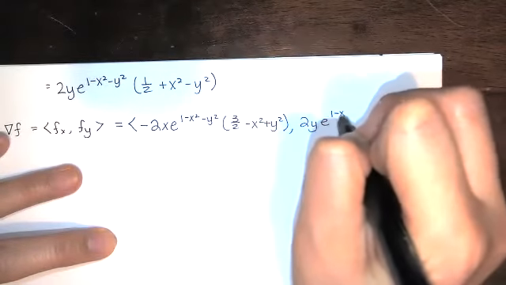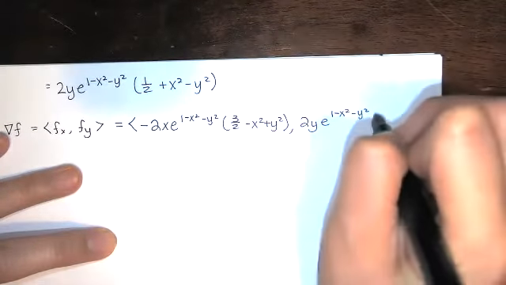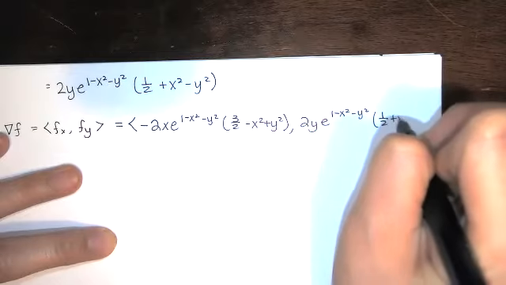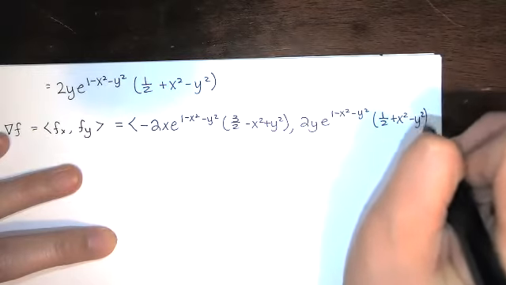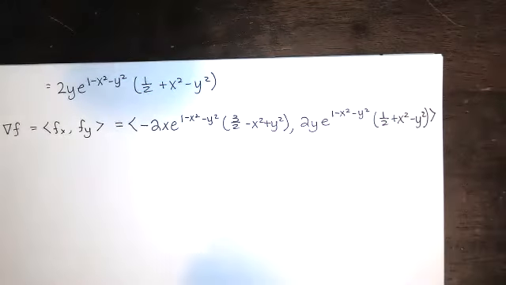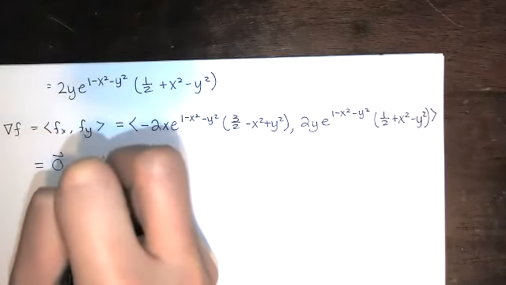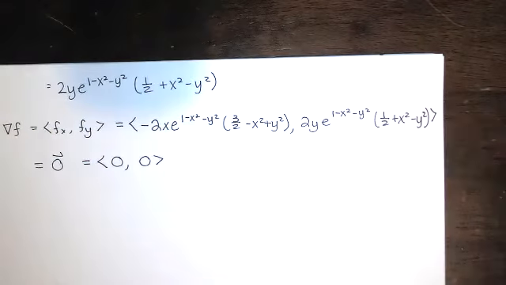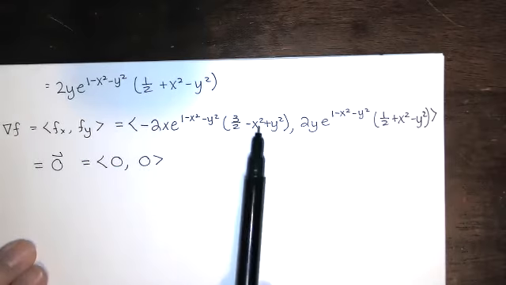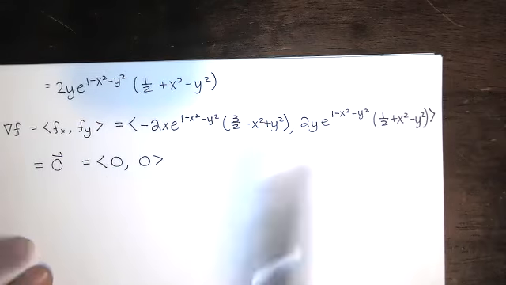Now this looks really bad, but it's actually not too bad at all. Once we remember a property from algebra, it's going to be pretty simple. So that's equal to the 0 vector, which is just the vector with components 0 and 0 if we're in 2D. Okay, so this has to be 0 at the same time that this is 0.